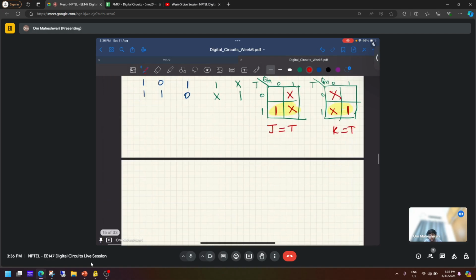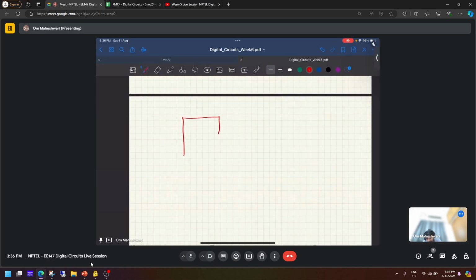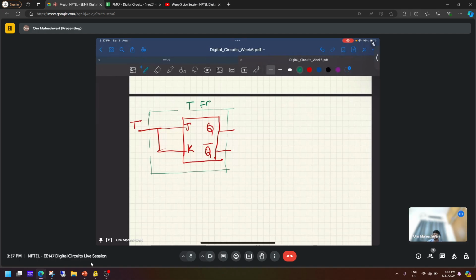So your flip-flop will have both J and K equal to T. This is your T flip-flop in terms of a JK flip-flop.